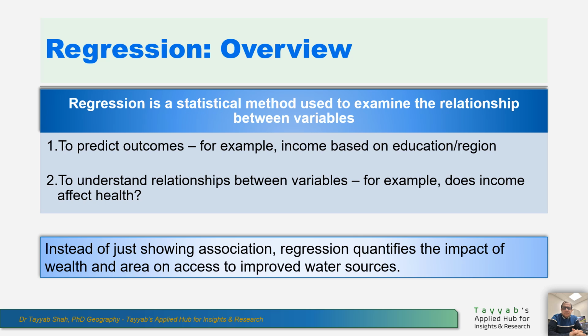So instead of just showing association, regression quantifies the impact of wealth and area on access to improved water sources. If you recall our last discussions regarding access to improved water sources, where we did the cross-tabulation analysis, we tried to show the association between the dependent and independent variables, and in that case they were wealth and area.